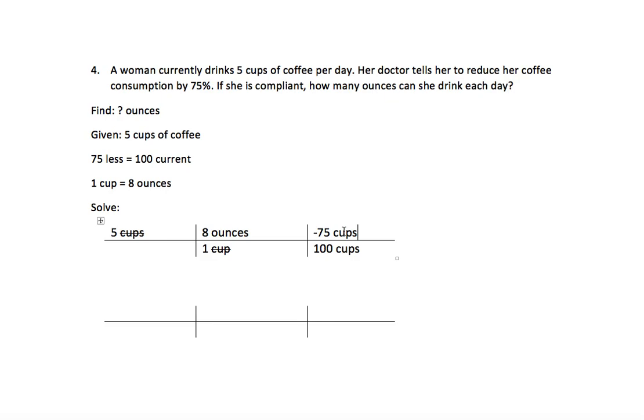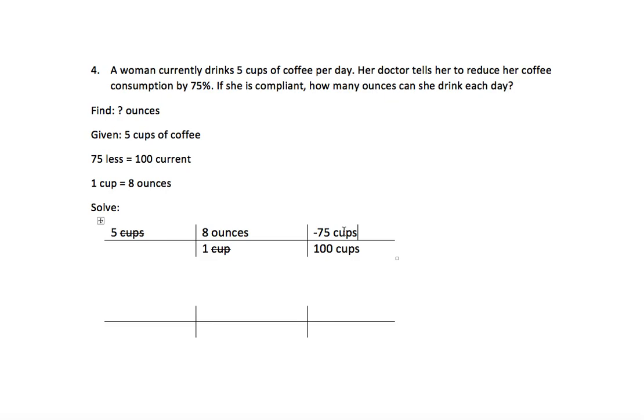So it's going to be 5 times 8 times negative 75 divided by 100. And so that means she has to take away 30 ounces a day. And we could have first found how many ounces she currently drinks a day, which is actually all of this except for this last step. She currently drinks 5 cups, and there's 8 ounces to every cup.